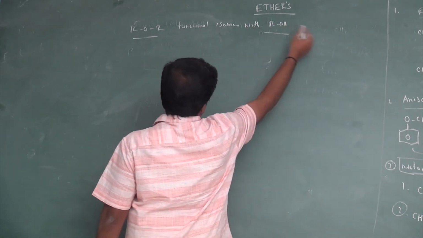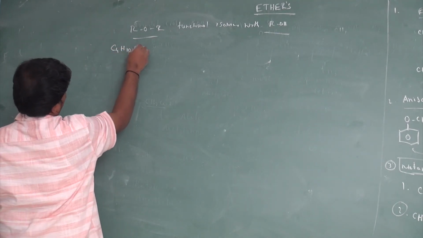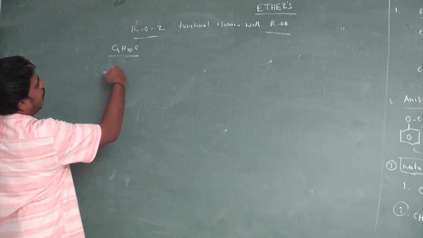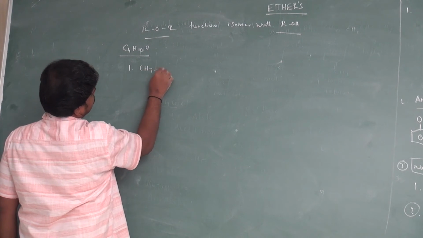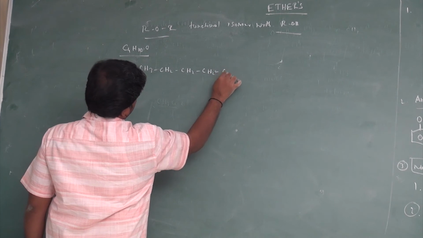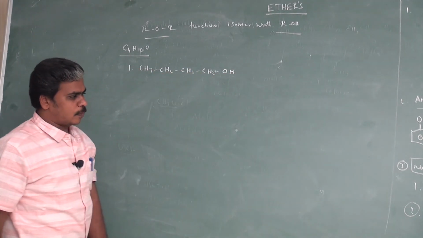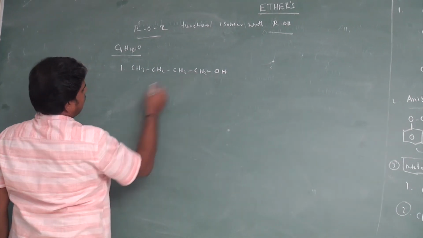So we are taking the same molecular formula, C4H10O. We have already seen the metamers. Now we take the alcohol isomers. The first one here is CH3, CH2, CH2, CH2OH. Then here it is C4H10O, and the name is n-butyl alcohol.